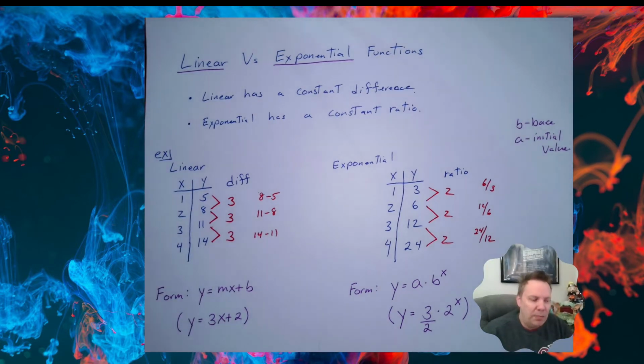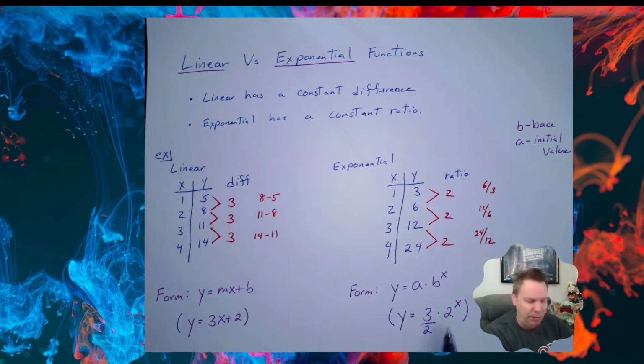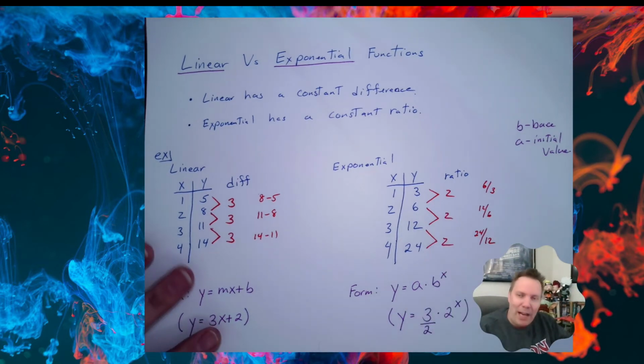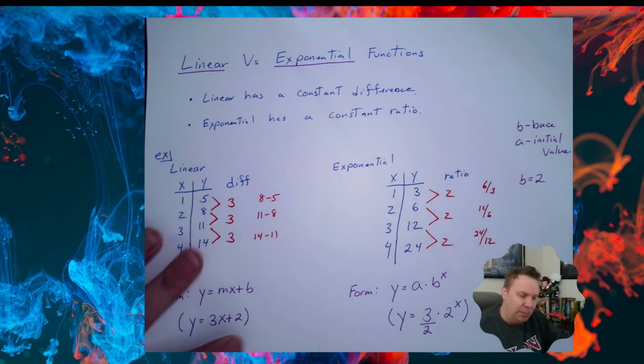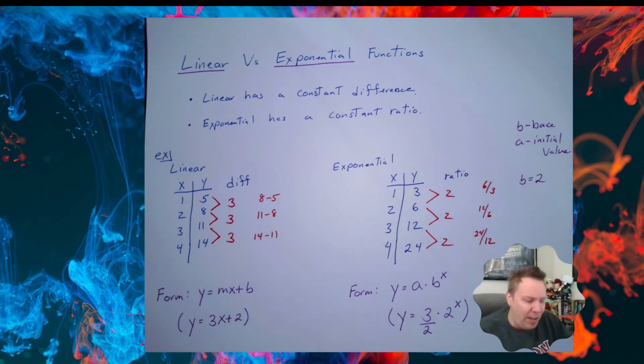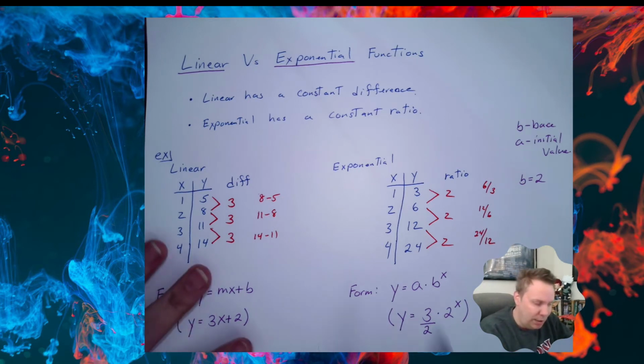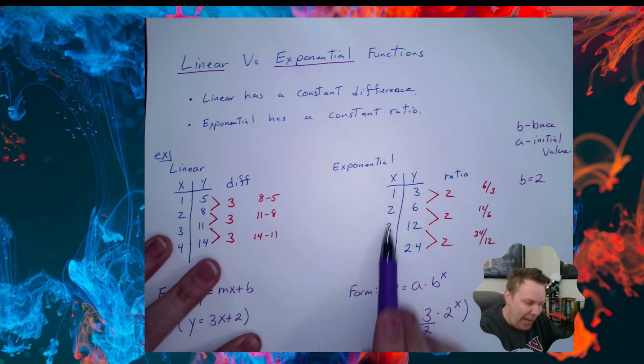So the big question is, how do I figure out the b and the a? Like, I already wrote down b is equal to 2 and a is equal to 3/2. So how do I actually figure this out? Well, I know the ratio is automatically b. So b is equal to 2. So to figure out a, what I can do is take any one of these pairs.